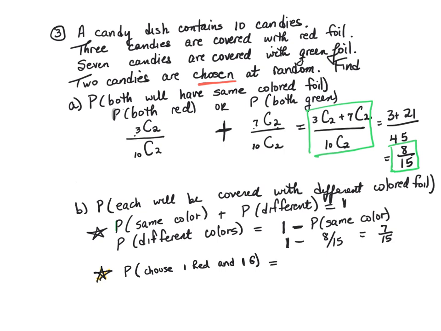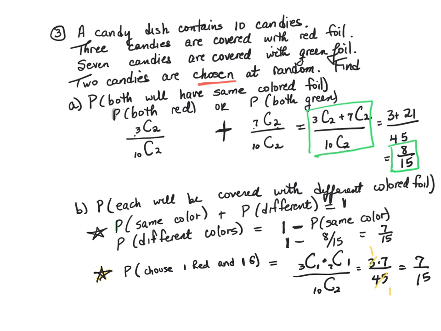Now that would be choosing one red from the 3 and one green from the 7 divided by the total number of ways of choosing two candies from 10. And when we work this out, we get 3 times 7 divided by 45, and you see that the answer is 7/15, since the 3 goes into the 45 15 times.